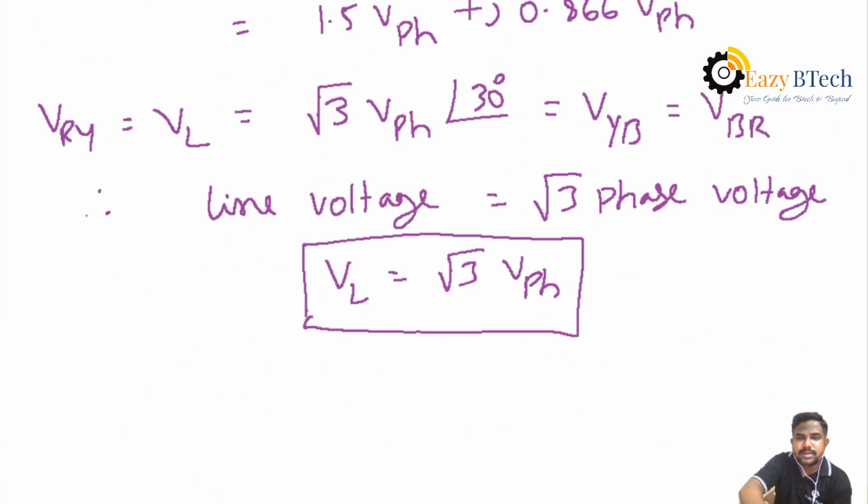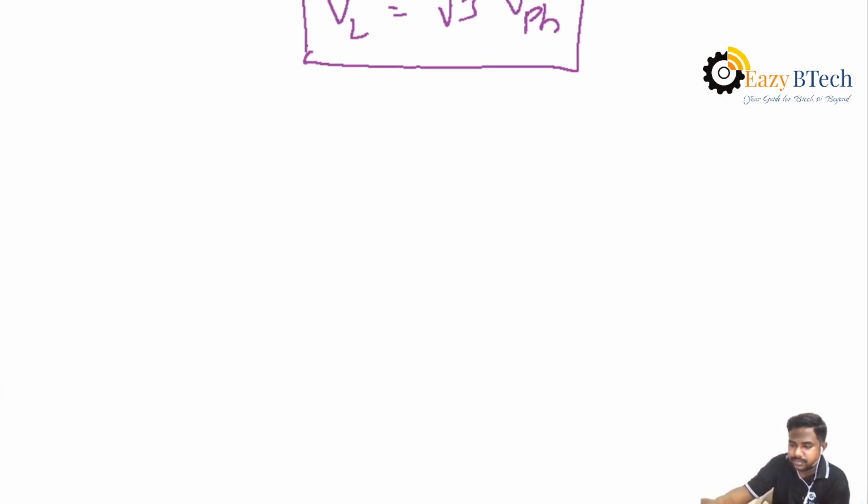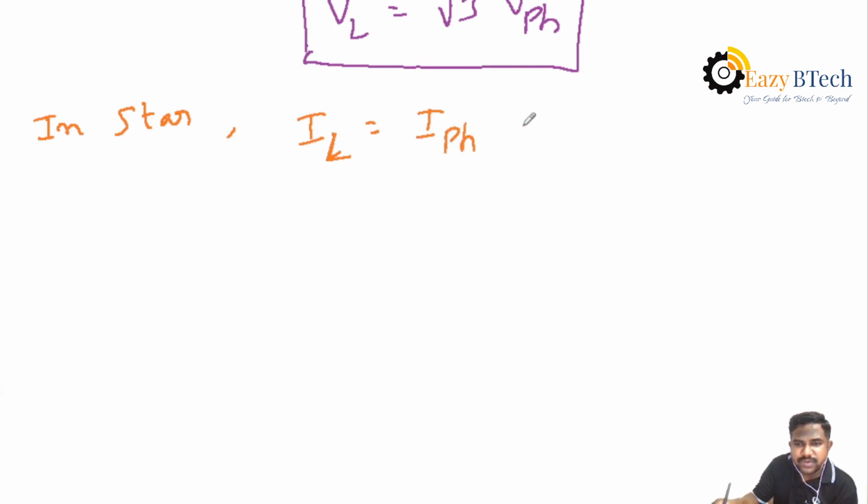That means in star connection, the value of line current is equal to the value of phase current.